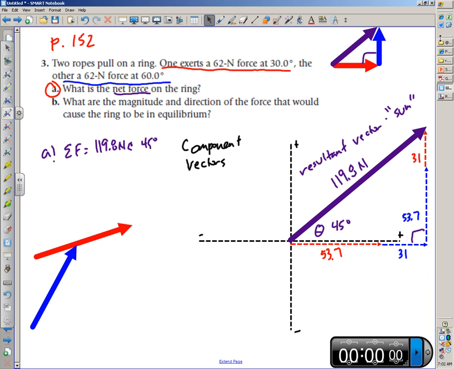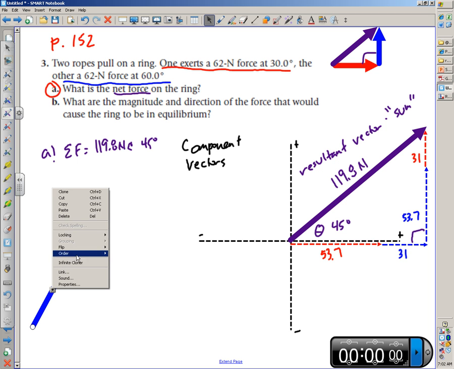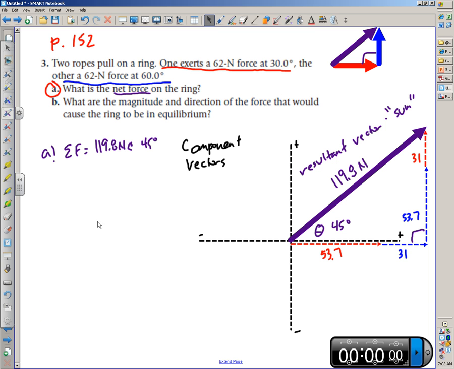I know the angles aren't right, but that's okay. I'm going to get rid of this one. I'm going to get rid of this one. Okay. Now, for part B.